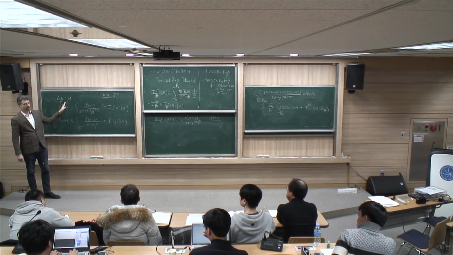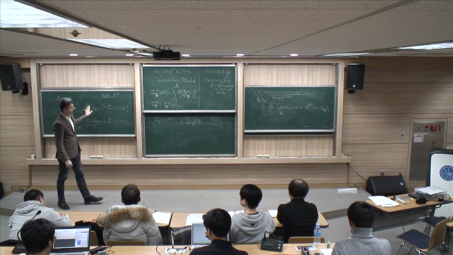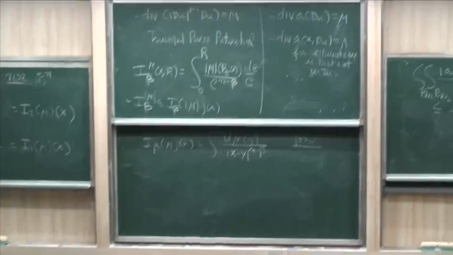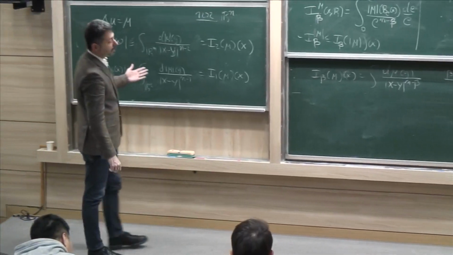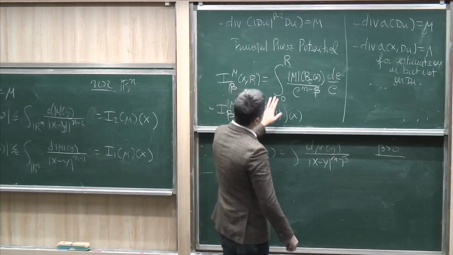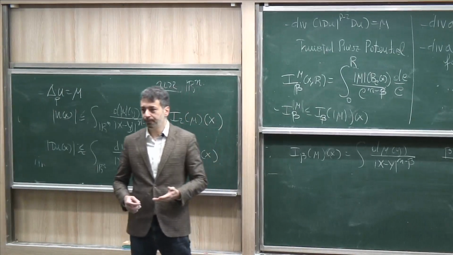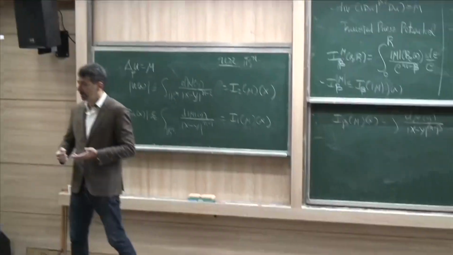So only for p equal to 2, when you go back to the Poisson equation, can these estimates be expected. So if you want to get an analog of these estimates, then you correct the Riesz potential with the scaling of the equation, with the scaling deficit of the equation.